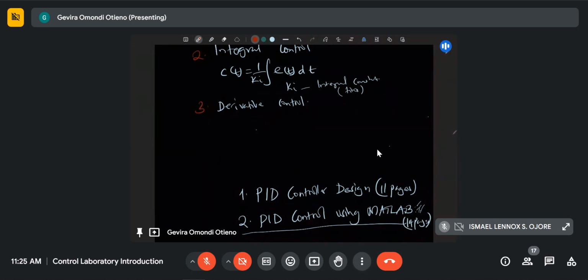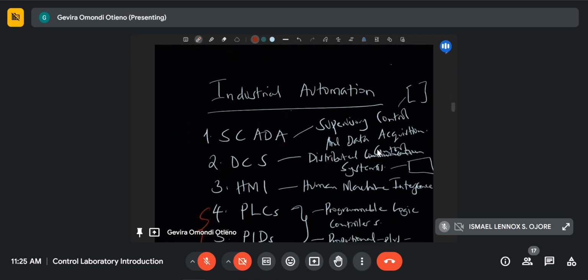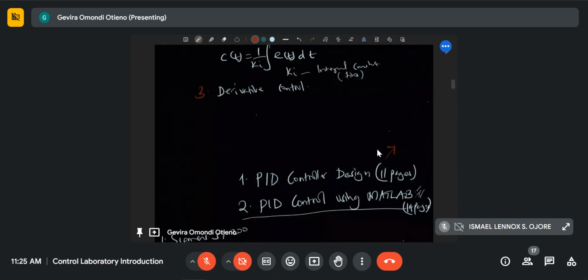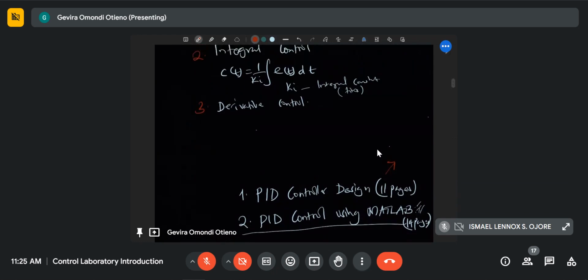Because of time, I'm just going to ask you, ladies and gentlemen, to start with the PID controller design, the one of 11 pages, because it is the one that leads you to the PID control using MATLAB. So you start with the first one, complete it. It's very easy to follow because it teaches you these concepts that I've been telling you about here. And it gives you even the code to enter. So you don't even have to think of a code.